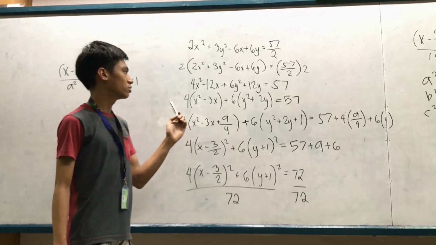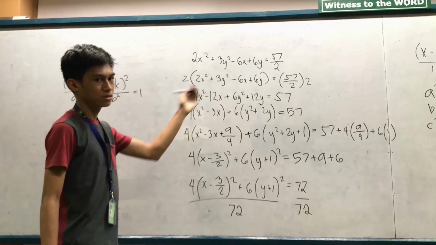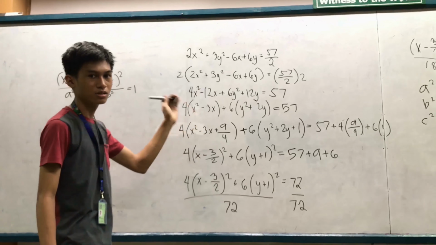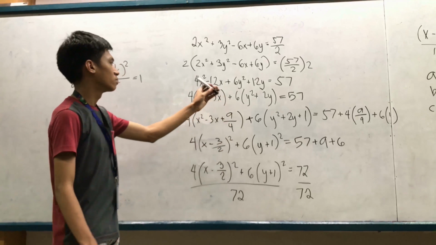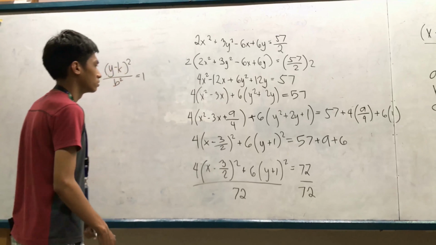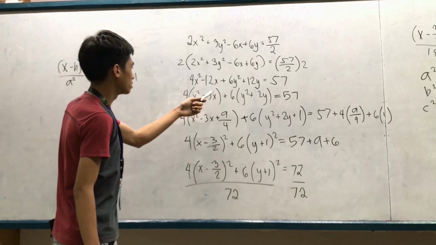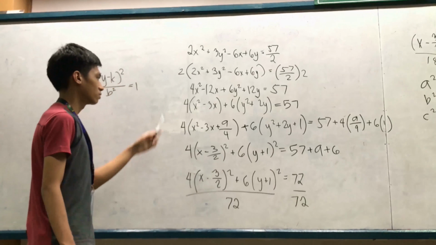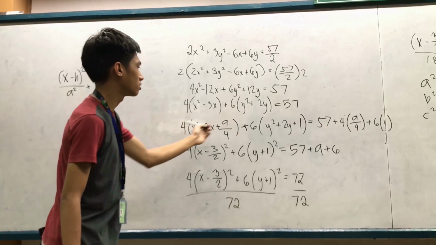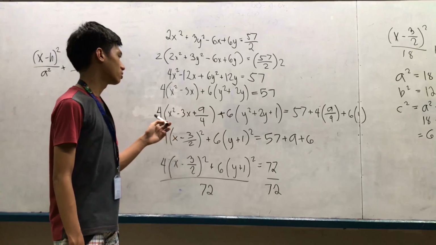After grouping terms, we must factor out all the common factors of the terms. So the common factor of the x terms is 4 and the common factor for y is 6. So we got this equation. The next thing we need to do is to complete the square.